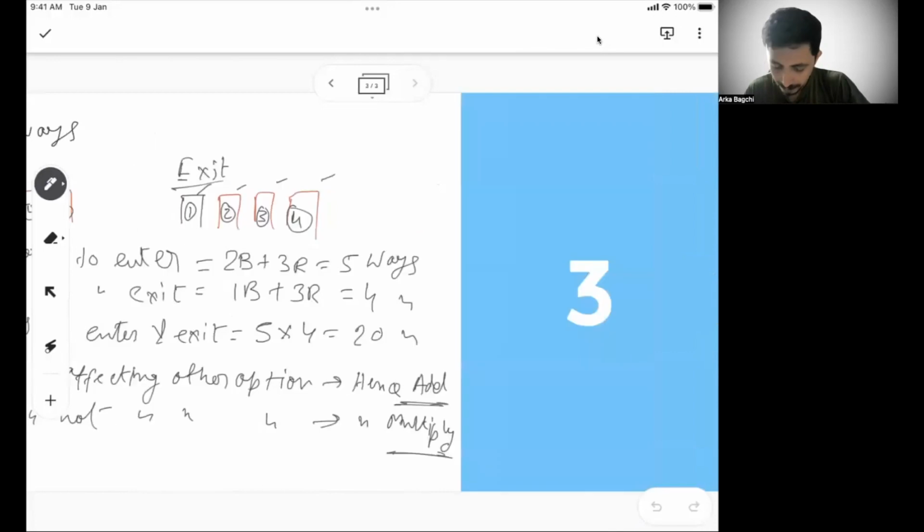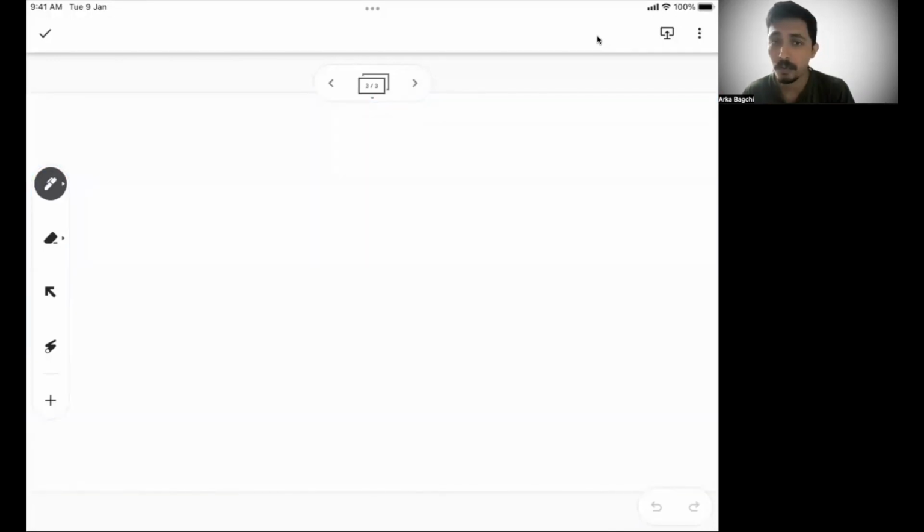The next part is where we understand when to do permutation and when to do combination. Let's say you have 3 persons, Ram, Sham, and Joe, and you have 3 digits, 1, 2, 3.